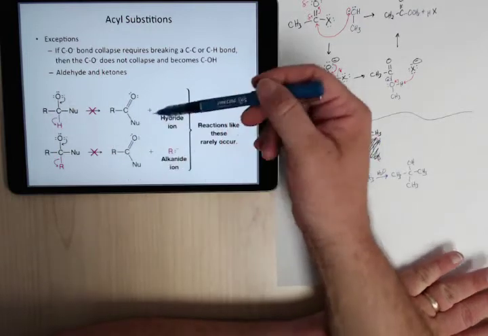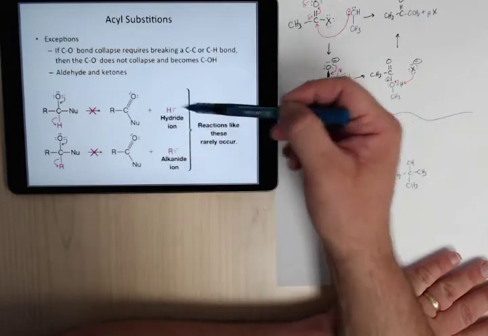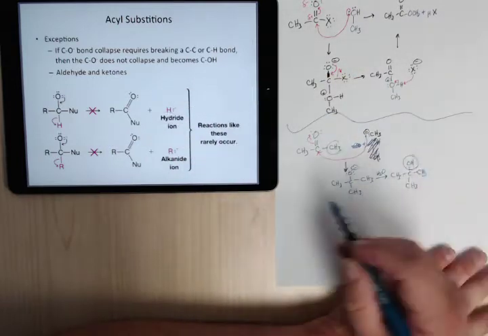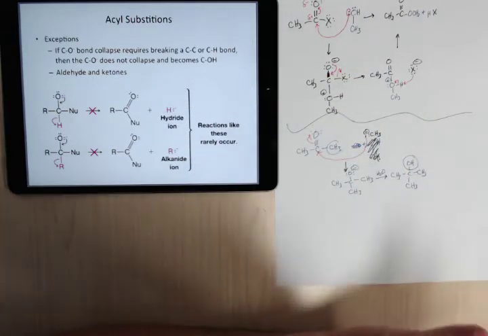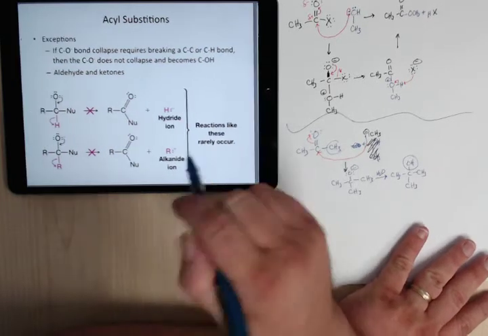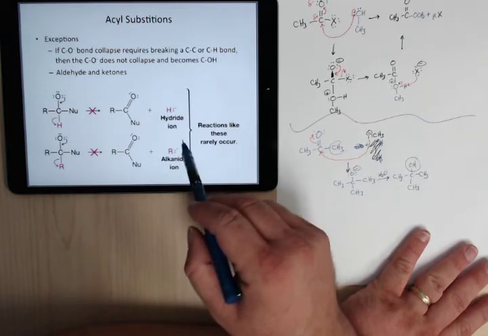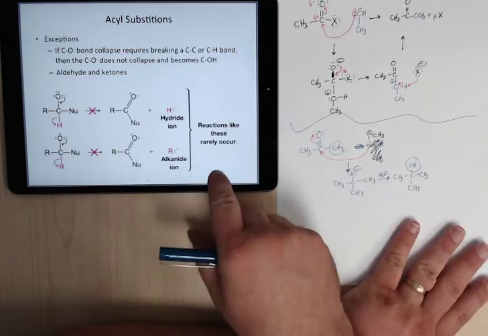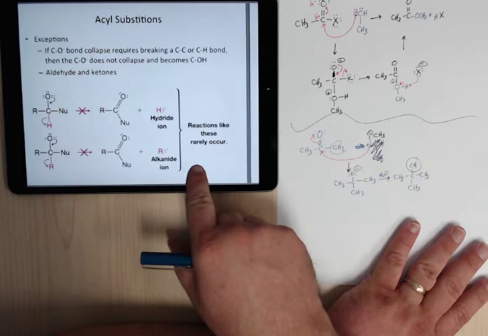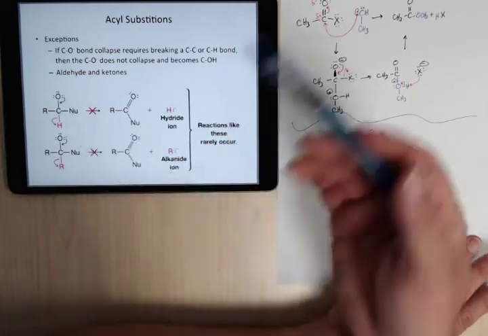So if you end up having an aldehyde or a ketone here, you're going to be stuck with the OH. It's not going to be able to collapse back down. So just be wary of that if you're attacking an aldehyde or ketone with a hydride or some sort of carbanion.